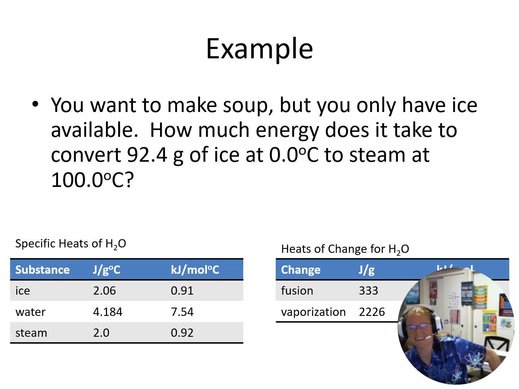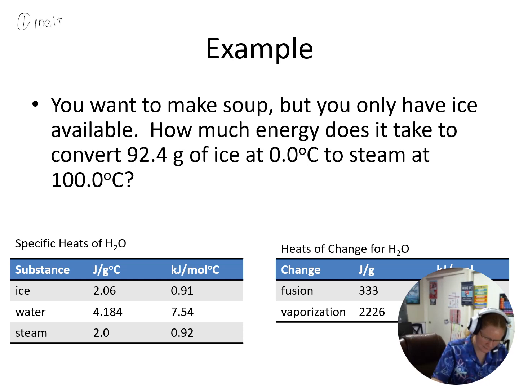So what happens? How much energy does it take to take that ice from 0 degrees all the way up to converting to steam? You're going to have three processes. You're going to melt, you're going to warm, and then you're going to vaporize.